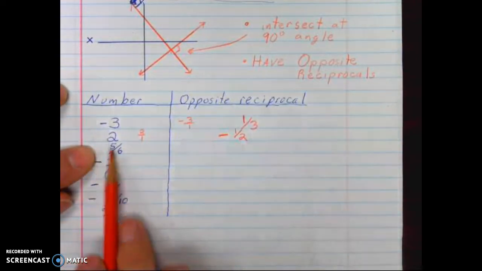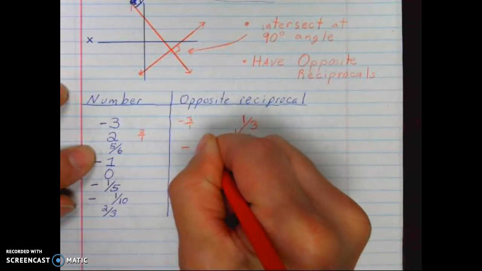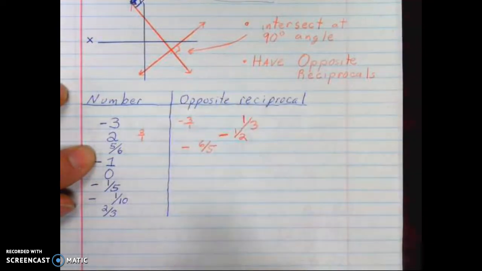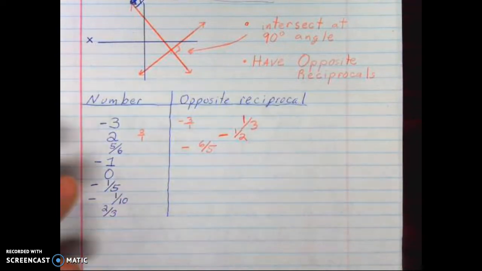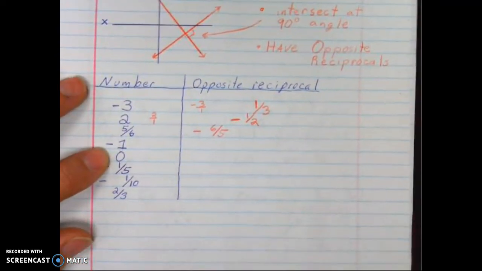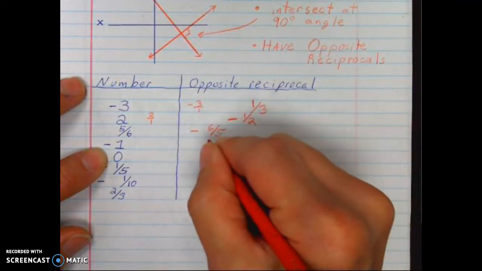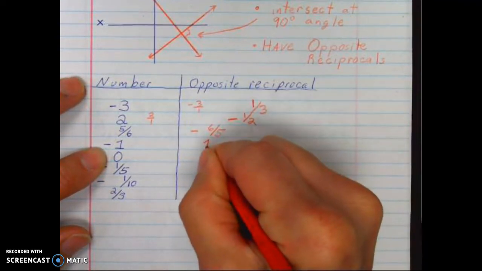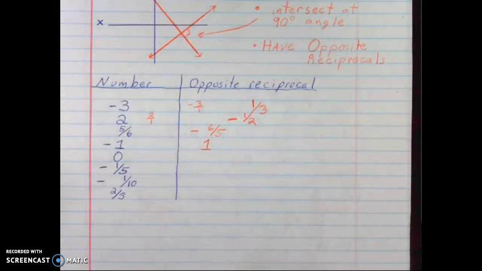This is a positive 5/6. You just make it a negative 6/5. Okay? You don't make both numbers negative. You just put one negative sign. -1, that's the only one that's a little deceitful, right? Because the opposite is a positive 1, but the reciprocal of 1 is just 1. So that one's a little tricky. It just switches signs.